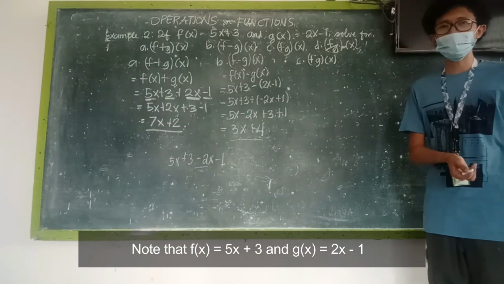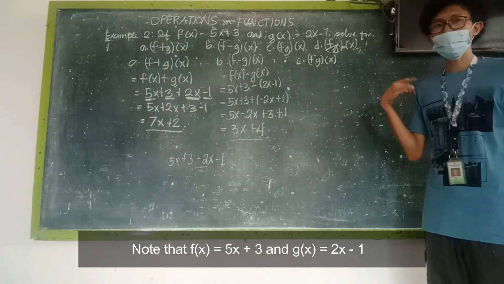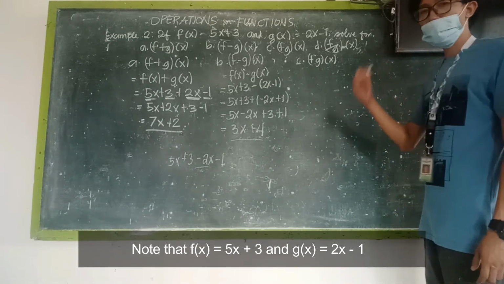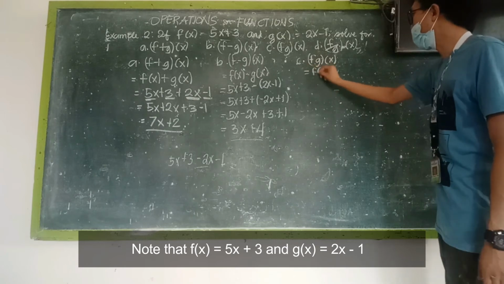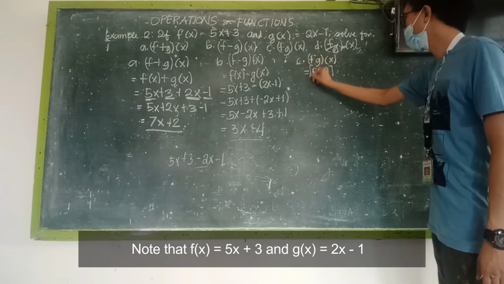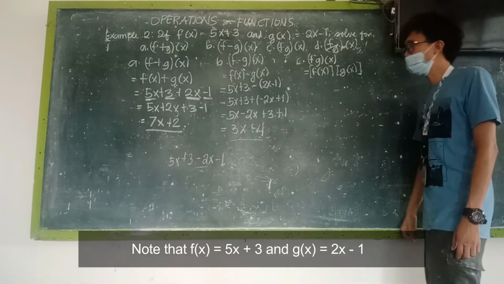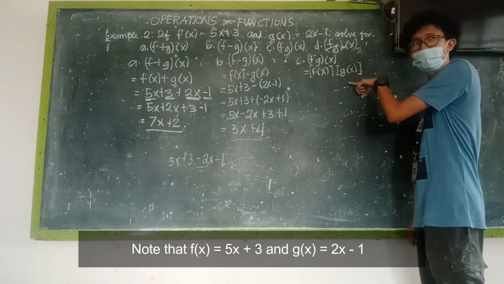So we have letter C, fg of x, or f times g of x. So same kanina ang process, so magiging f of x times g of x. Take note, i-multiply natin ang f of x sa g of x.